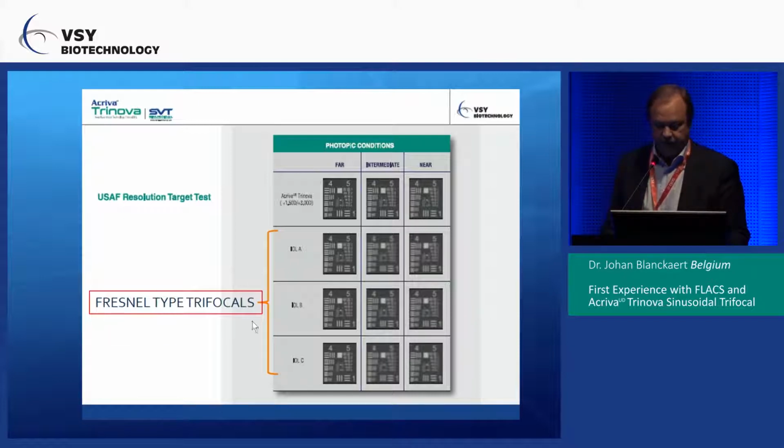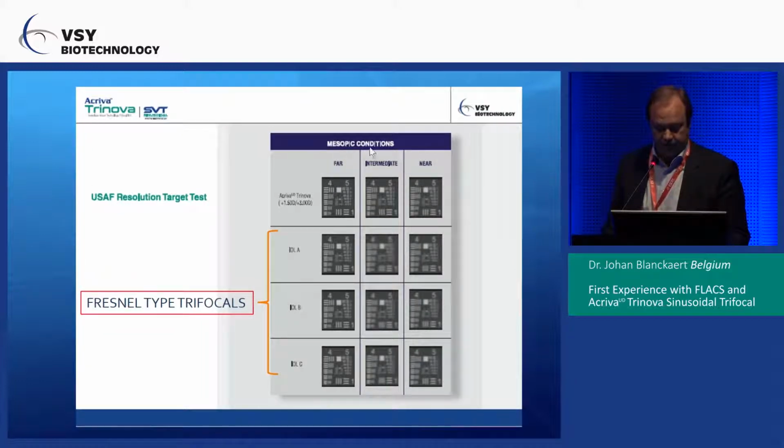The Fresnel types of trifocals are clearly inferior in image quality to the new sinusoidal type of trifocal. This is in photopic conditions, but what strikes me the most is the mesopic conditions.